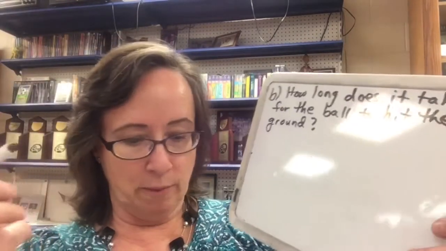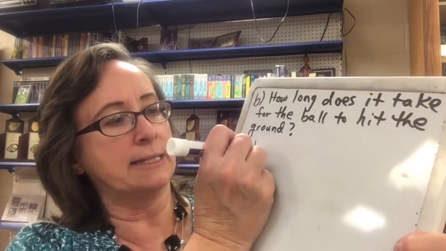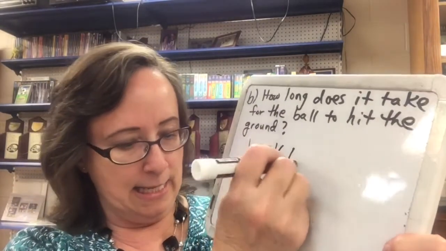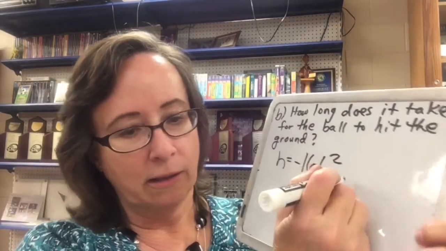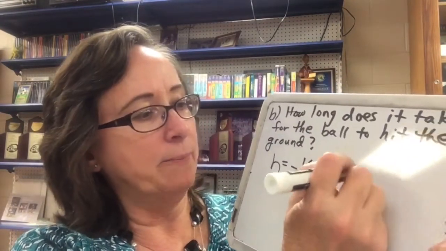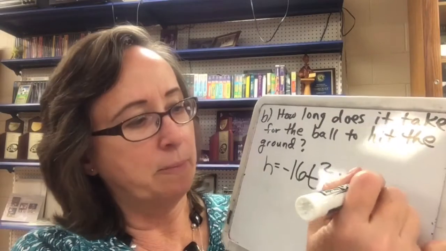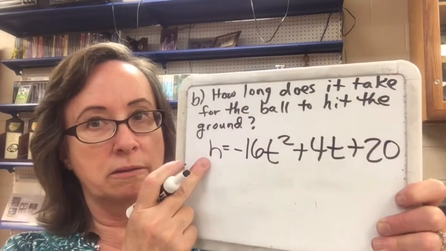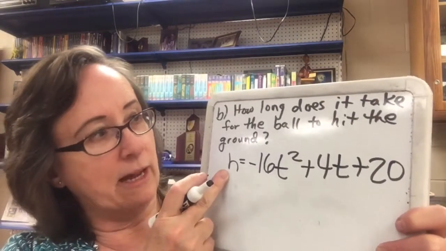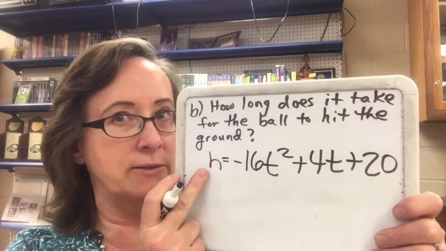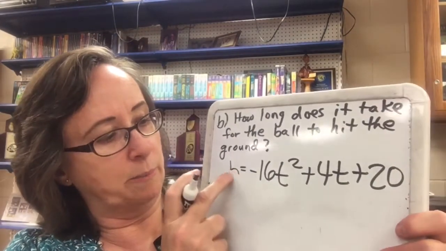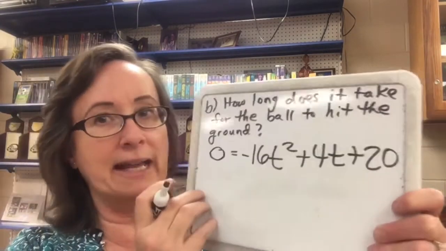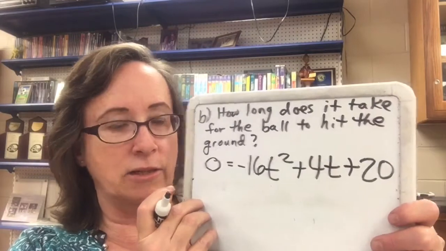Remember my formula is -16t squared plus 4t plus 20 equals h. Now if it hits the ground, that's ground 0. So we're going to put a 0 here for h and find out how long till it hits the ground.